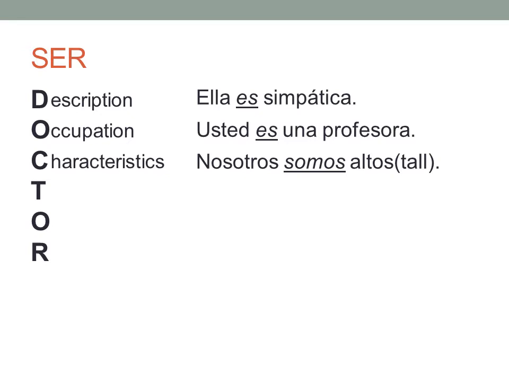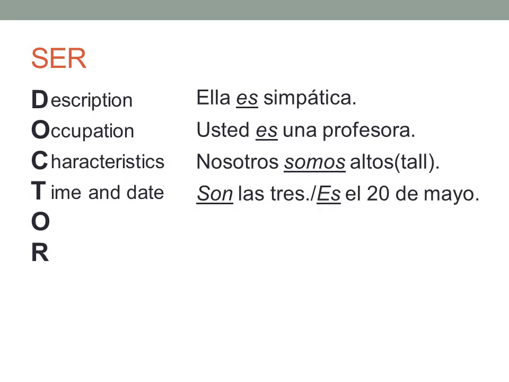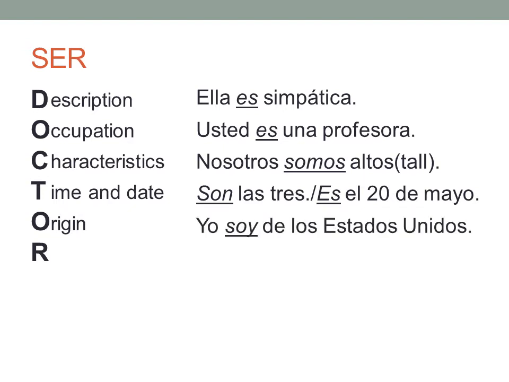Alto significa tall. The T is for time and date. So when we say things like son las 3 or es el 20 de mayo. The O is for origin, when we're talking about where we're from. For example, yo soy de los Estados Unidos.